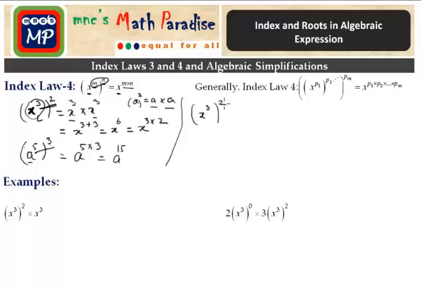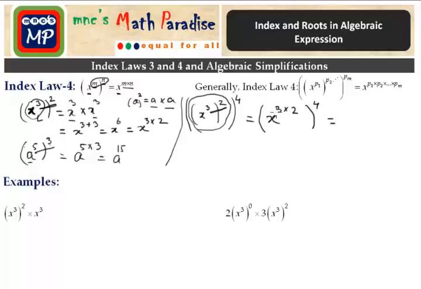Then let us generalize it a little bit. If we have x to the power 3 to the power 2, and then this whole thing to the power 4, what does that mean actually? If we apply this formula repeatedly, for the first part, x to the power 3 to the power 2, these two powers will be multiplied, so it will be x to the power 3 times 2, and the outer power will remain as it is.